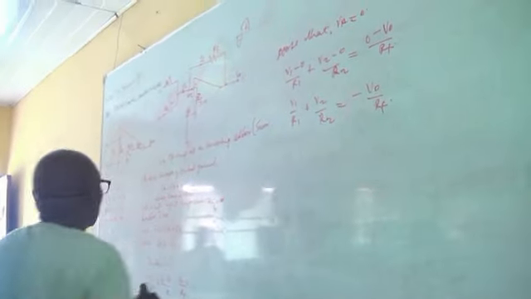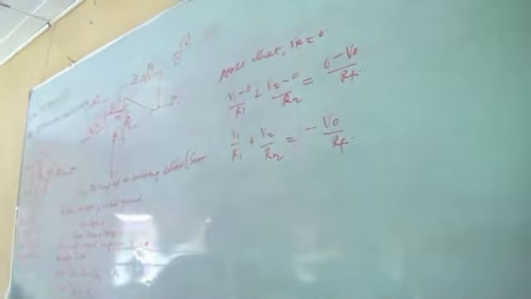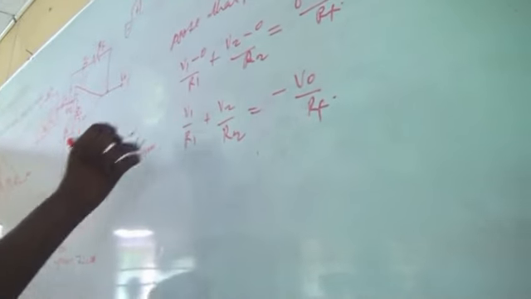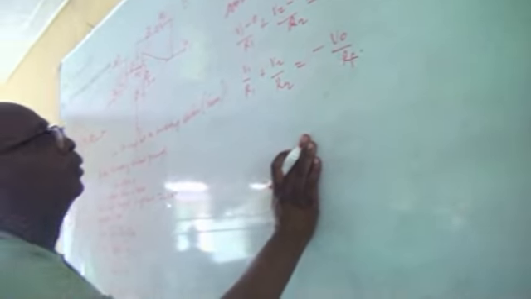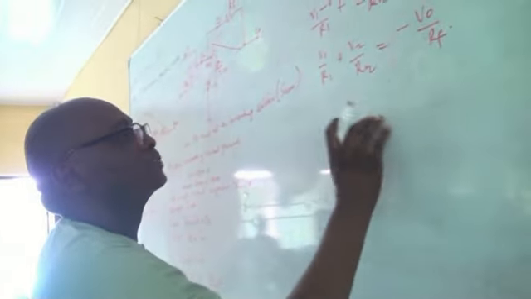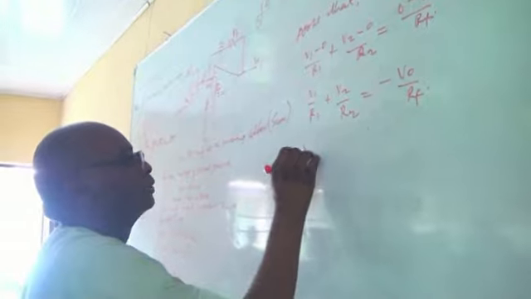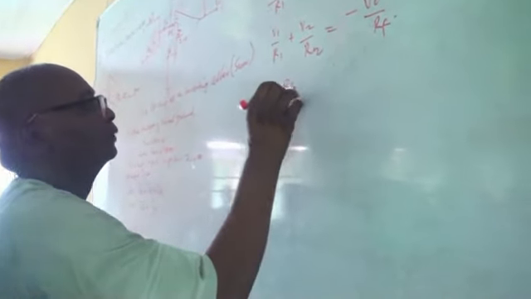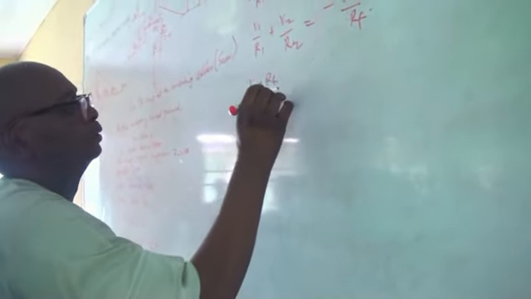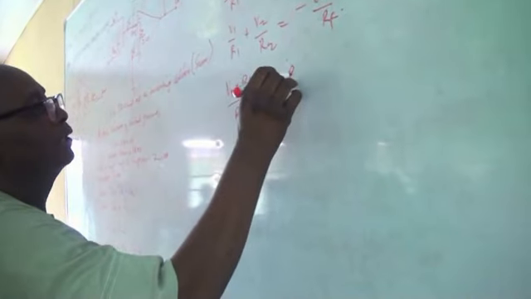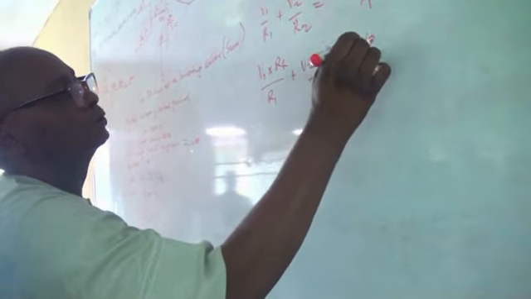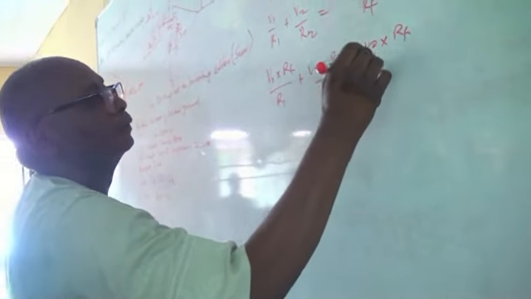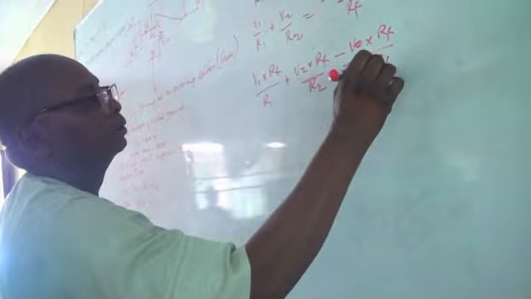For you to determine the output voltage of this adder or the summer, you first of all multiply both sides of the equation by RF. And this will be V1 times RF over R1 plus V2 times RF over R2 equals minus V0 times RF over RF.